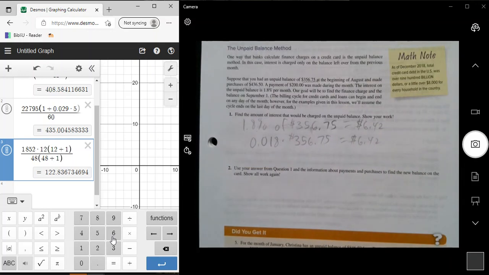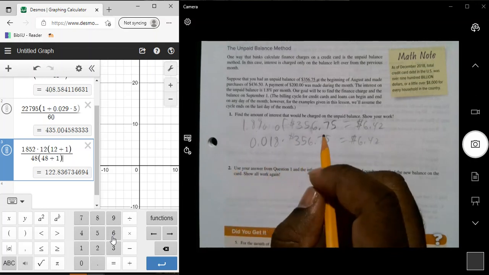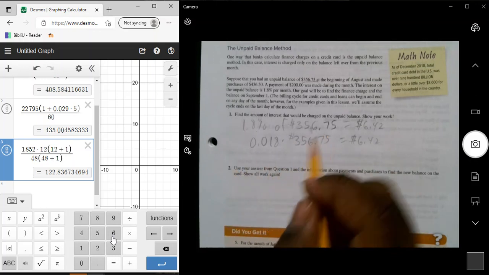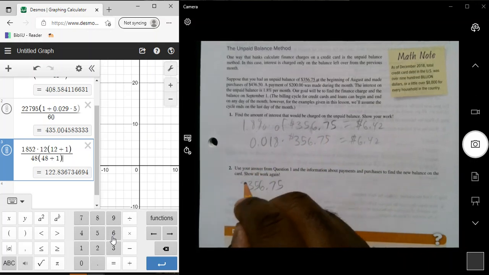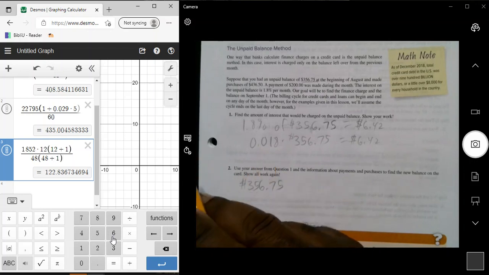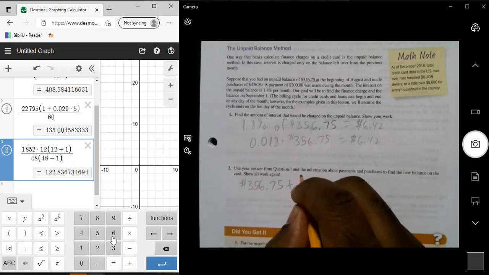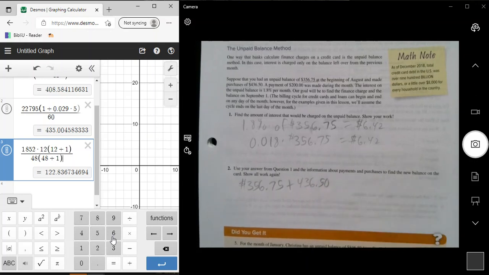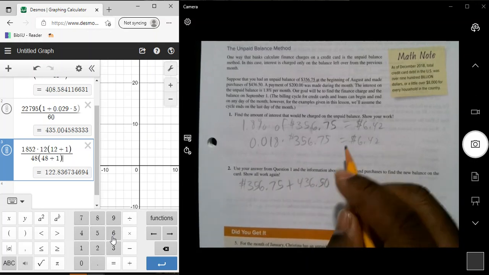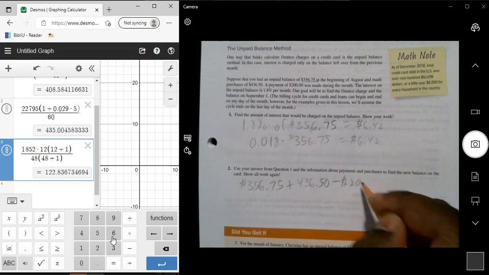Now it says use your answer from question 1 and the information about payments and purchases to find a new balance on the card. Show all your work. Okay, so we start off with the $356.75. But it's told here that we made a purchase of $436.50. And then we made a payment of $200.